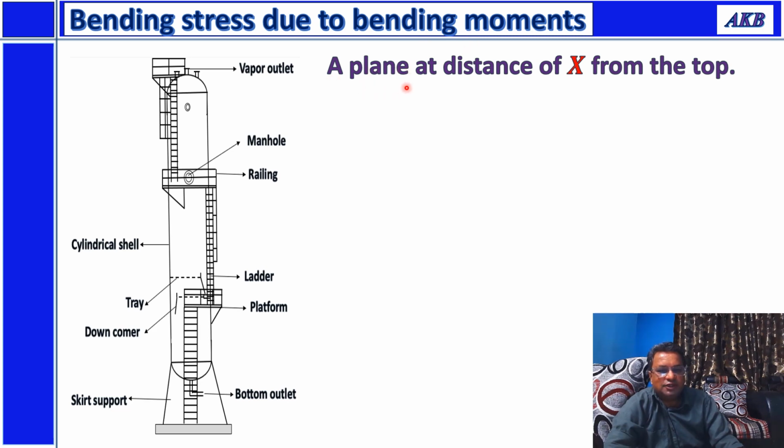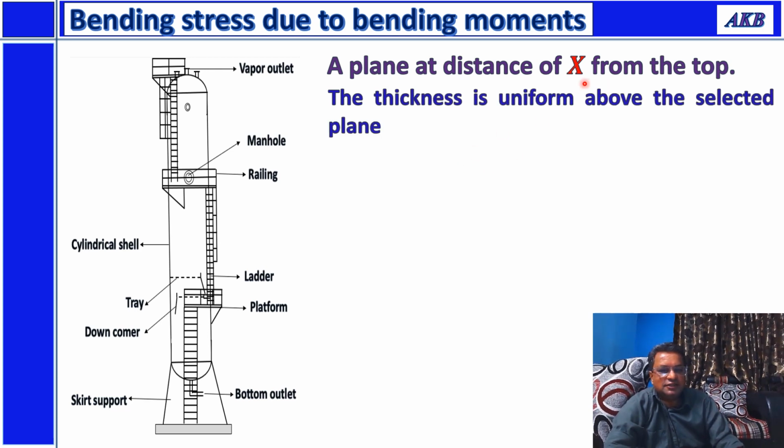So if you consider a plane at a distance of x from the top, the distance is selected in such a way that for that particular distance the thickness is uniform. If you are selecting a plane at a distance of x, then the thickness has to be uniform above the selected plane.